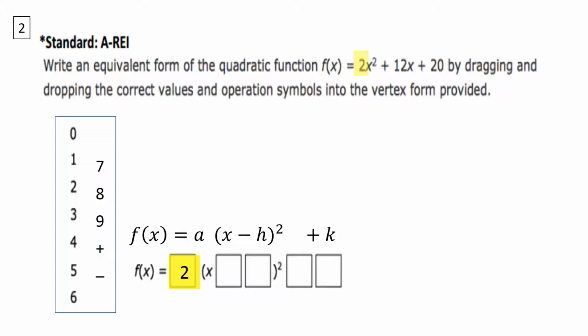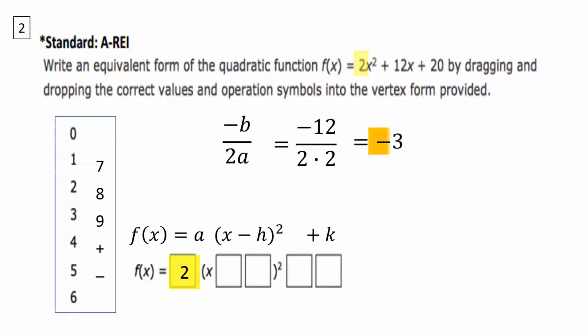Well, the next part here, how are we going to get our h? If you look in that first box, it's got that little equation there with a fraction: h equals negative b over 2a. Our b is positive 12, our a is 2, so negative 12 over 2 times 2 gives us negative 3.